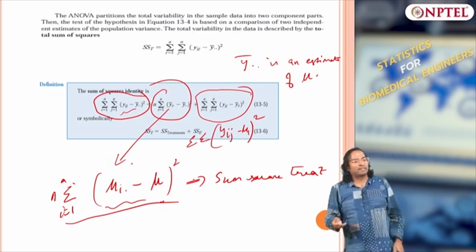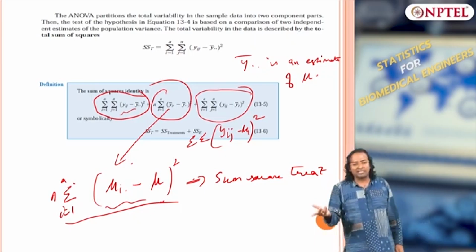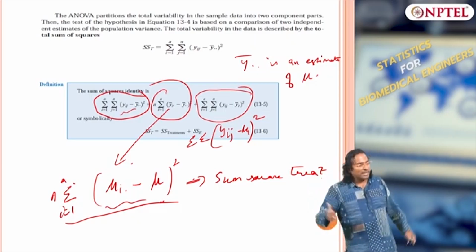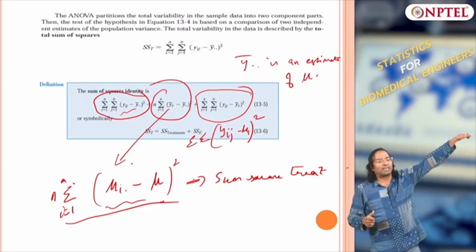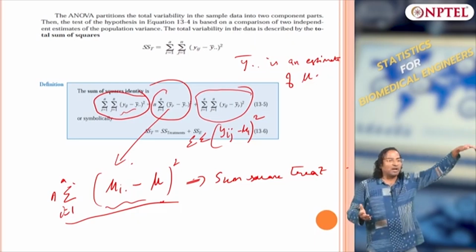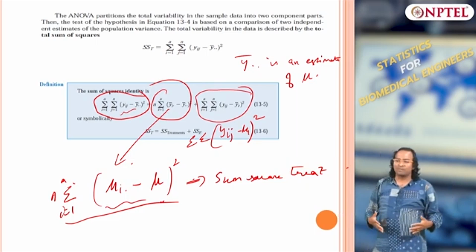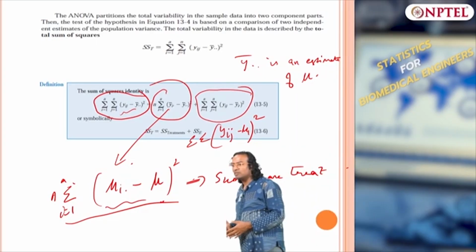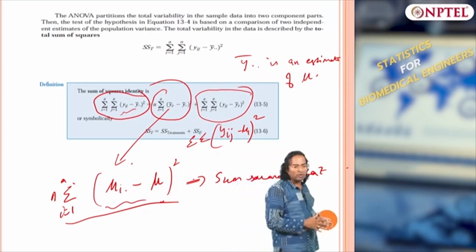I cannot expect the treatment to have the same effect on everybody, there will be variations due to noise, that is the second part. I cannot have every treatment have the same mean as the grand mean. Why is that? Because different treatments have different effects. So, the first one is the effect of treatment, the second one is the effect of noise, clear. So, that is why we call it sum squared treatment and sum squared error.